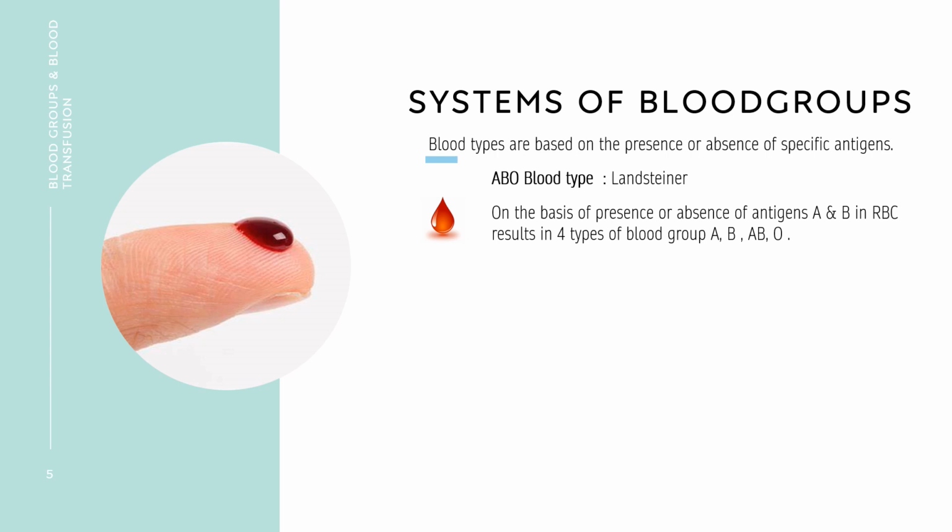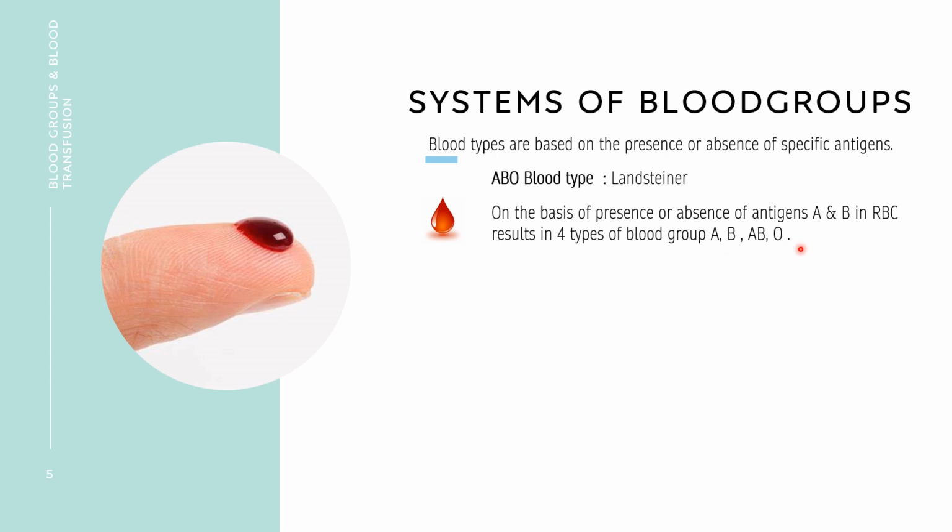That is one classification. This is based on the presence or absence of antigen A and antigen B on the surface of the RBCs. Now, depending on whether a person has just an antigen A or antigen B or both or none of them, there are four different types of blood groups: A, B, AB, and O.